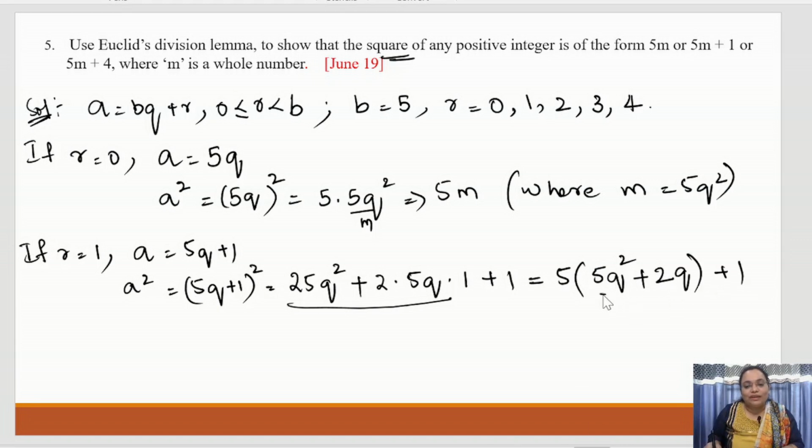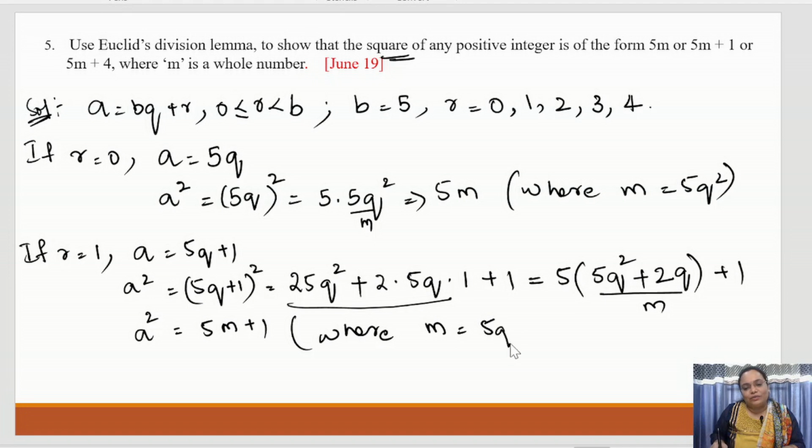If we replace this with m, you will get a square is equal to 5m plus 1, where m is equal to 5q square plus 2q.